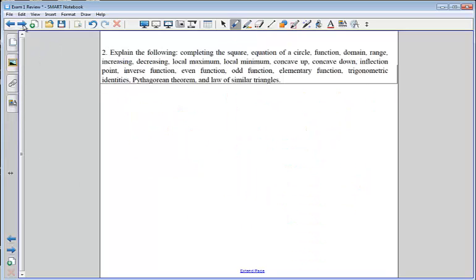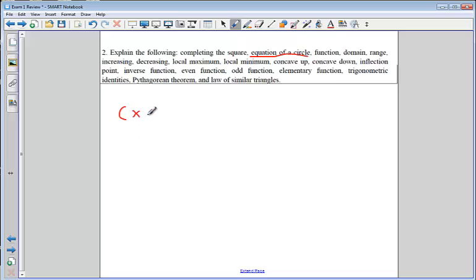The next question talks about explaining these various things like completing the square, the equation of a circle, and so on. So let's talk a little bit about completing the square, and we'll involve the equation of a circle with it. So first, for the equation of a circle, what do we have?